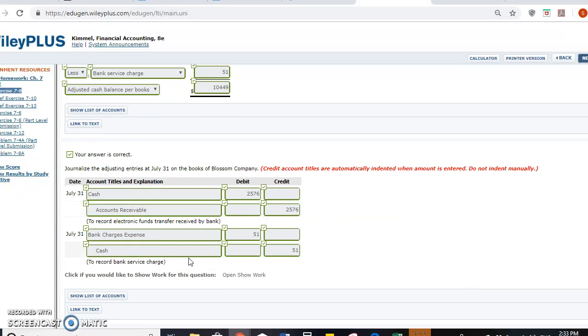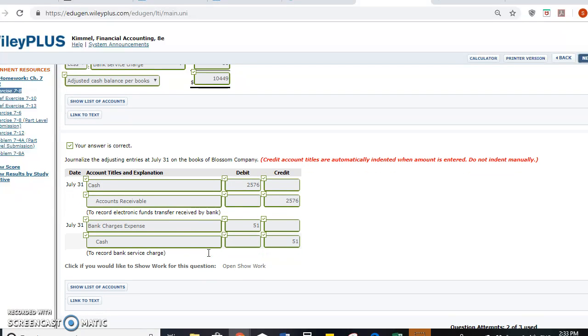We've already received it. We also need to enter in the bank service charge. So that expense will be the bank charge expense, and we're debiting that account. And that cost us $51 in cash, so we will credit $51 to our cash account.